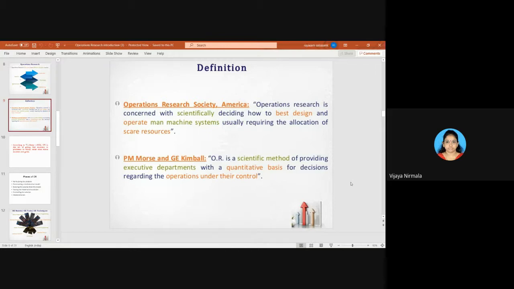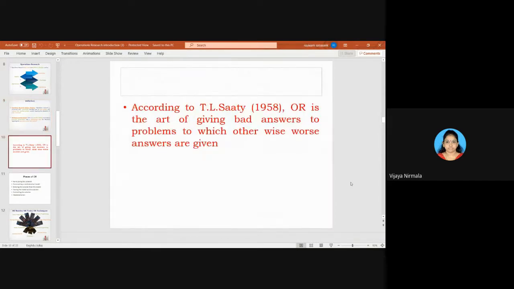Many authors have written various definitions, and the best one among them, the one I like the most, is according to T L Saaty in 1958.